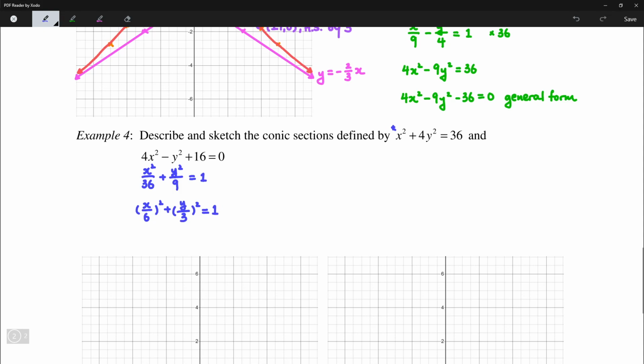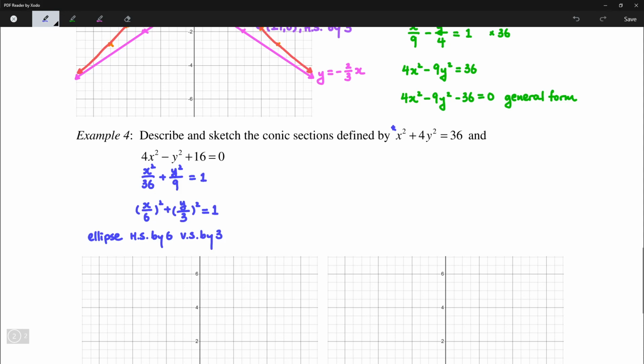So of course, this will be an ellipse centered at 0, 0, and it is a circle that's gone through a horizontal stretch by 6 and a vertical stretch by 3. Okay.